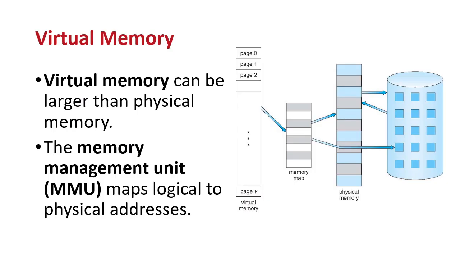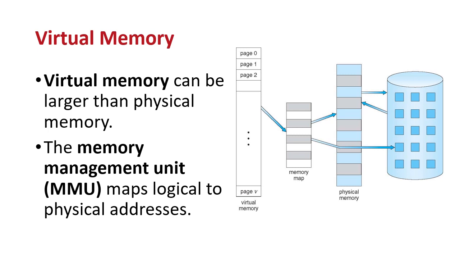Virtual memory is a technique that allows the execution of partially loaded programs. Not all parts of a program need to reside in memory simultaneously. By separating logical and physical memory, virtual memory enables more programs to run concurrently, increases CPU utilization and throughput, and reduces I/O operations required to load or swap processes.